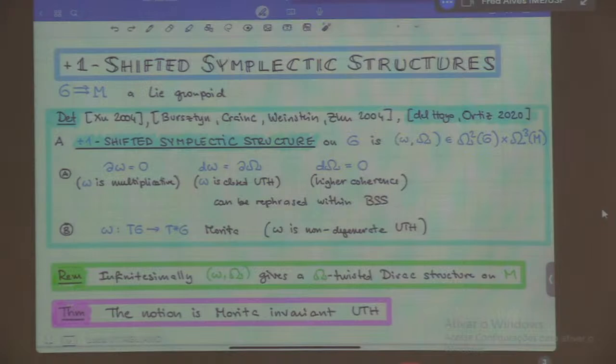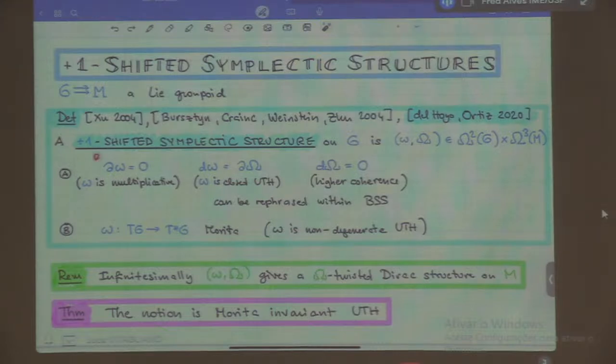There is a more recent equivalent definition by Delgado Ortiz, which was very inspiring for us and will be very useful for the purposes of this talk. According to this definition, a plus-one shifted symplectic structure on a groupoid is a pair consisting of a 2-form on the groupoid and a 3-form on the space of objects, satisfying certain conditions.